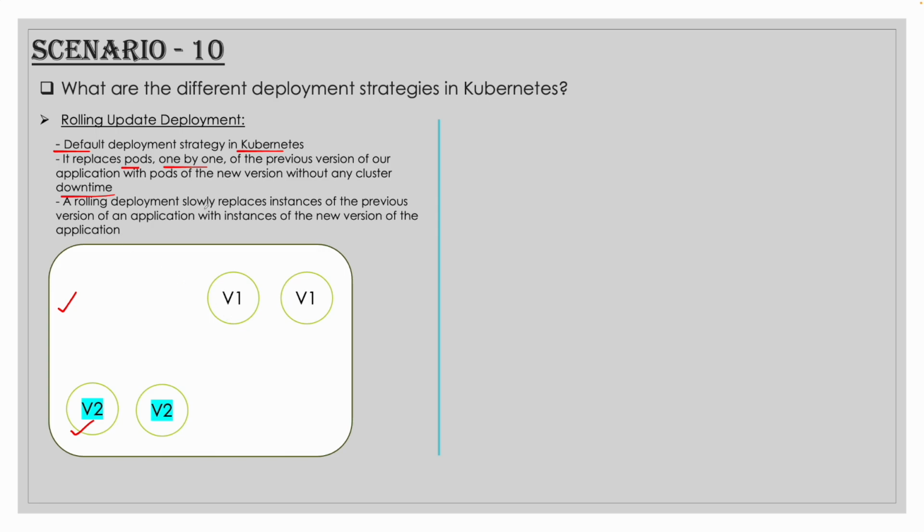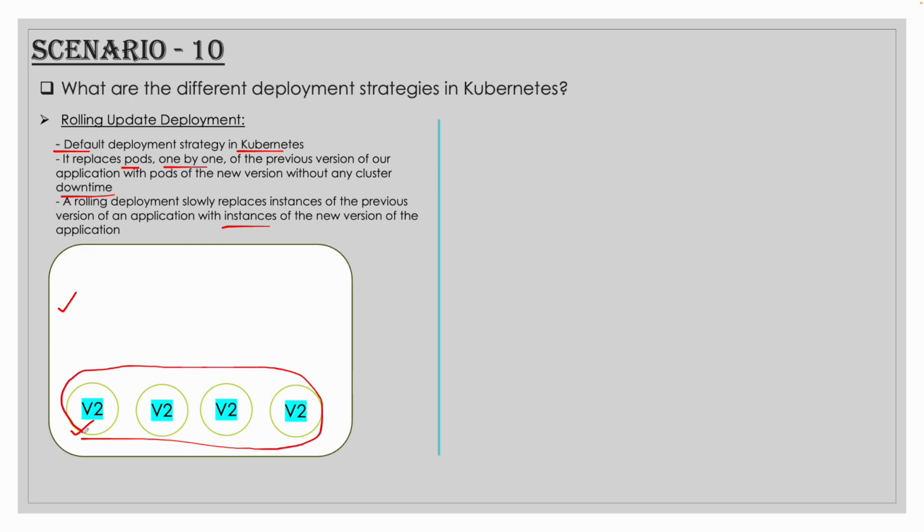So with rolling deployment, it slowly replaces instances of the previous version of an application with instances of the new version. And once we get a confirmation that the new version is looking good, all the pods in the system will get replaced with the newer version. That is what rolling update deployment means.